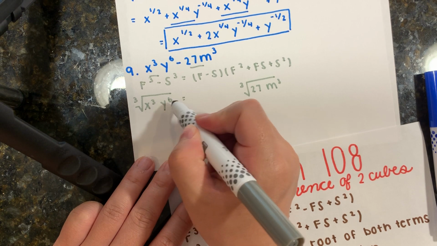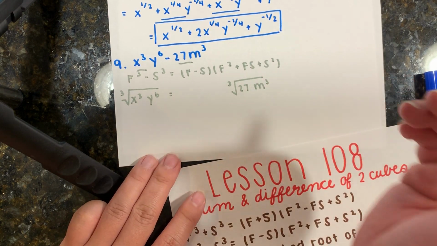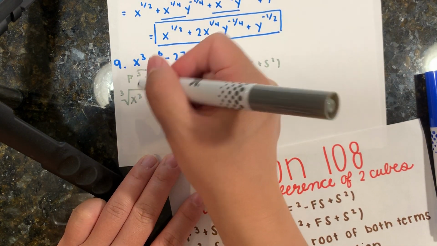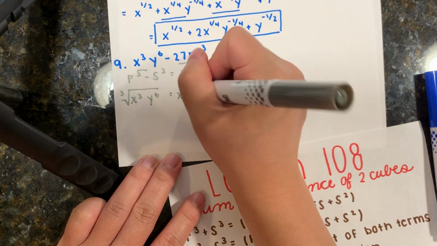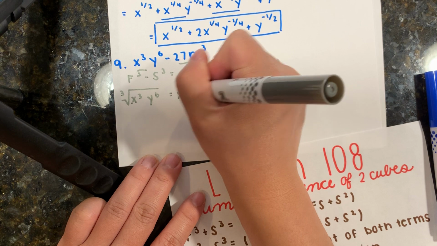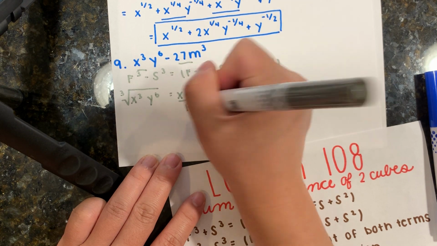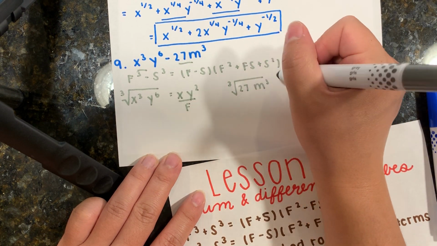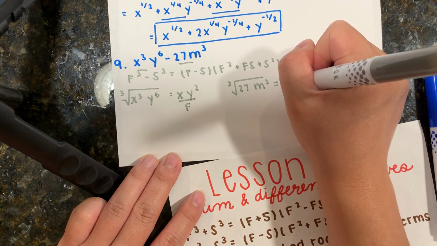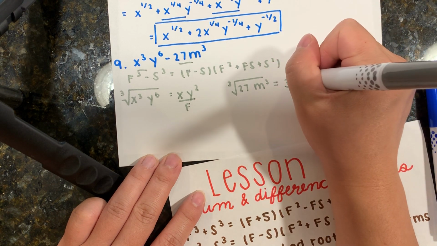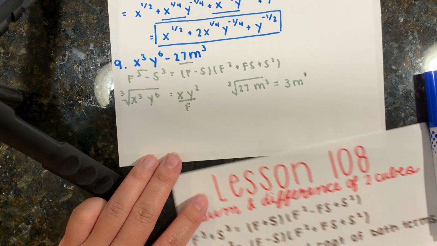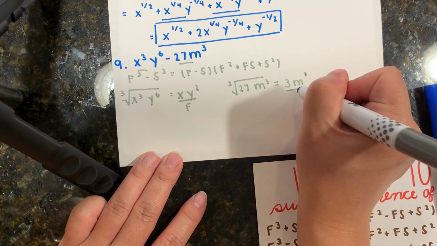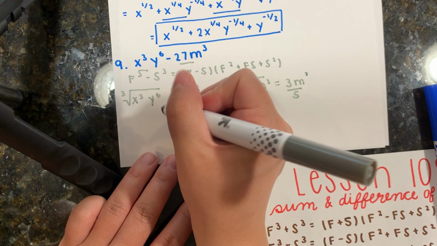So you just divide the exponents by 3. That's how you find the cube root. So 3 divided by 3 is 1. 6 divided by 3 is 2. So this is going to be my f. And then the cube root of 27 is 3, and 3 divided by 3 is 1, sorry. Now this is going to be my s, and I'm going to plug it into that equation.